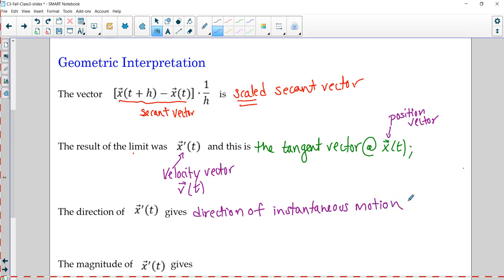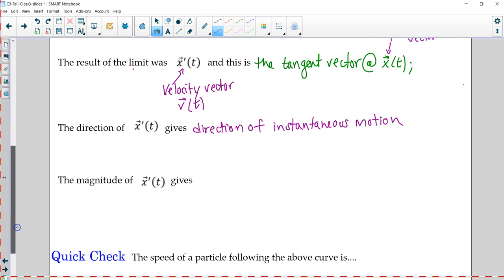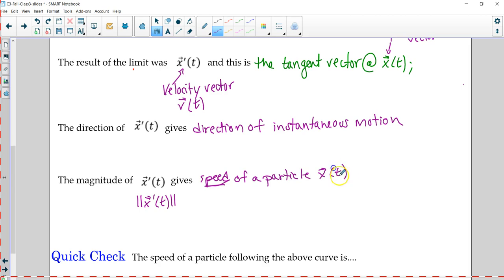Okay, and then the magnitude of this, so just remember for the magnitude we use x prime of t enclosed in two vertical bars. This is the speed of a particle at wherever we're at, x of t.